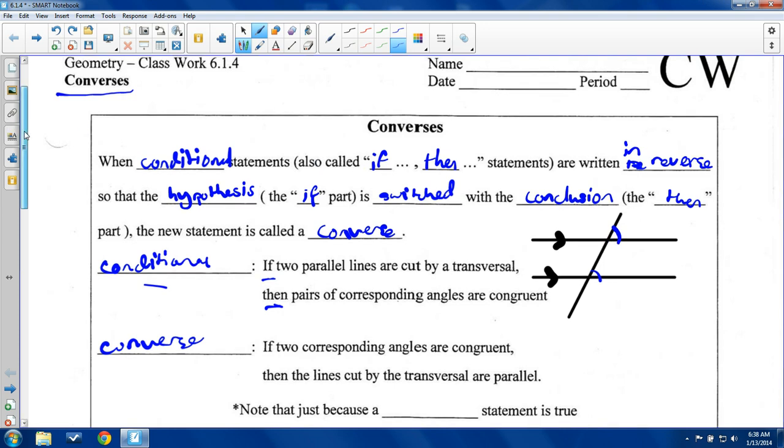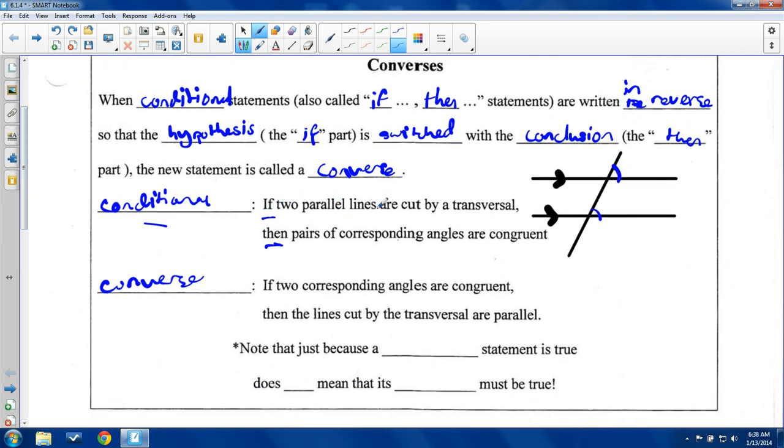The converse statement takes your hypothesis, your if 2 parallel lines, and makes this part the conclusion. So it switches this statement with this statement here. You have to kind of re-say the words a little bit, maybe, all depending. So check this out. Here's the converse. If 2 corresponding angles are congruent, like this guy and this guy, then the lines cut by the transversal are parallel.